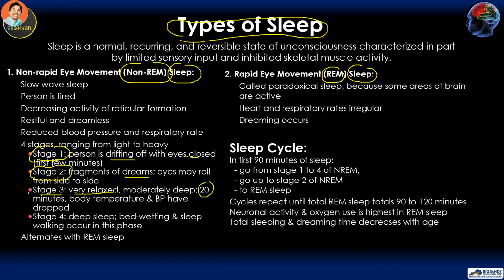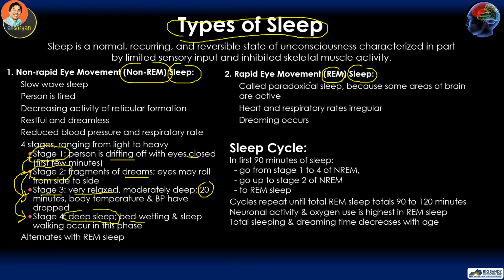They might go back to stage two, to stage one, and then back again to stage three, for example, and go to stage four, which is the deep sleep. This is when bedwetting and sleepwalking occur, usually in stage four.